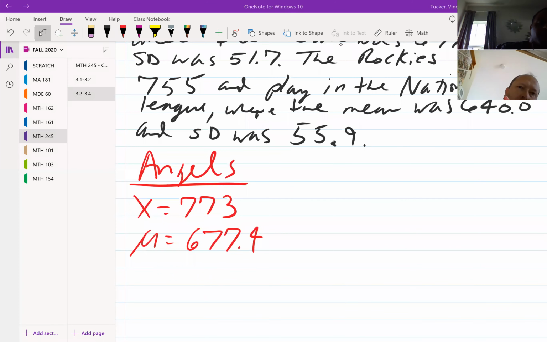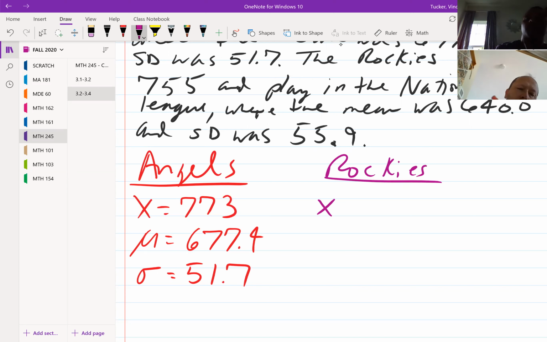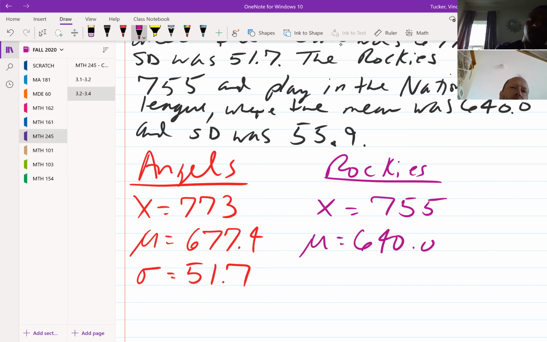Standard deviation, 51.7. The Rockies, they scored 755. Average was 640. Standard deviation, 55.9.